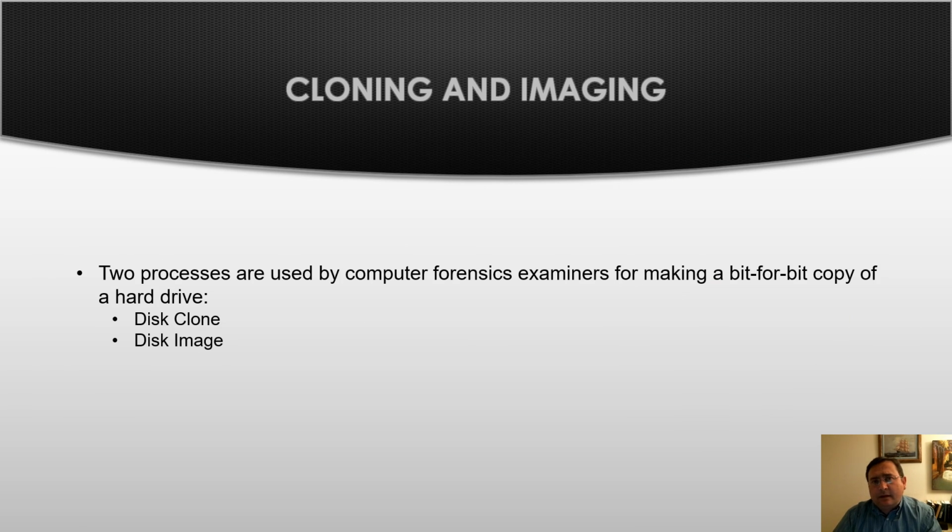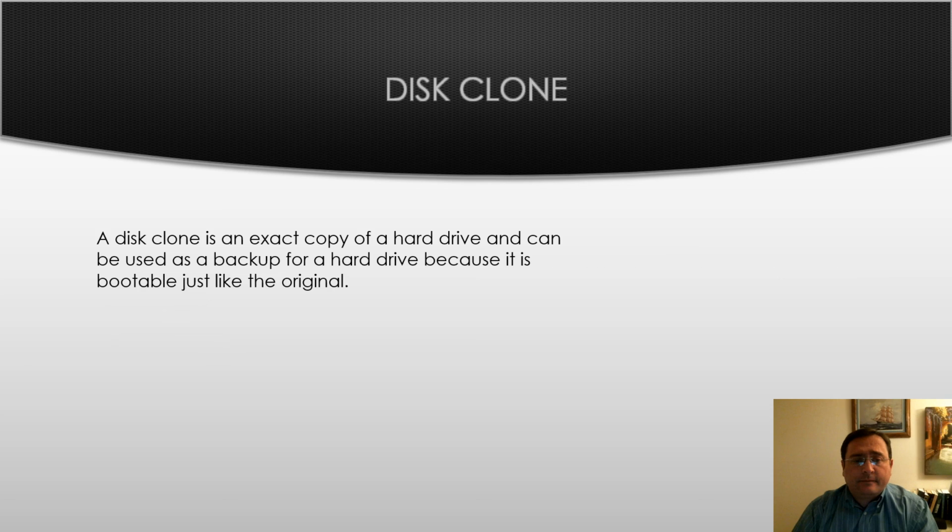In the past sessions, we talked about imaging and copying a hard drive in a forensic manner. There are two processes used by computer forensic examiners for making a bit-by-bit copy of a hard drive. They are disk cloning and also disk imaging.